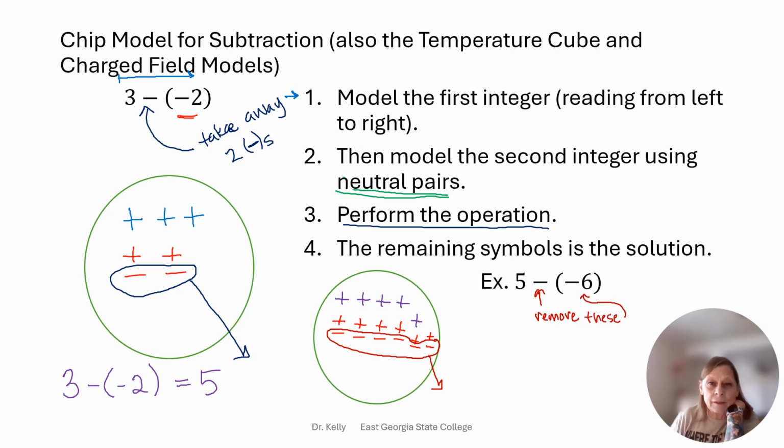And that is 6 negatives. Or if we were doing color block, 6 reds or whatever, right? And then whatever's left over is what you have left. So 1, 2, 3, 4, 5, 6, 7, 8, 9, 10, 11. So we can say 5 minus a negative 6 is equal to 11 positives.